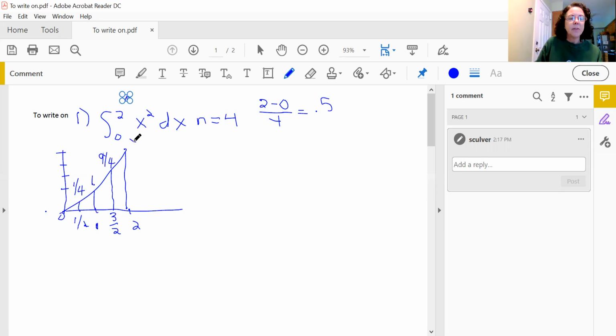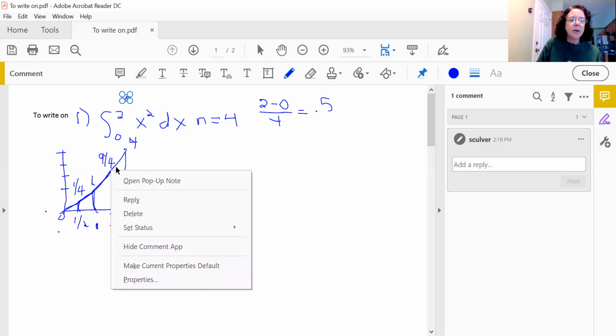And then at 2, that would be a 4. So notice that if you connect the first y to the second y, you are forming trapezoids here.